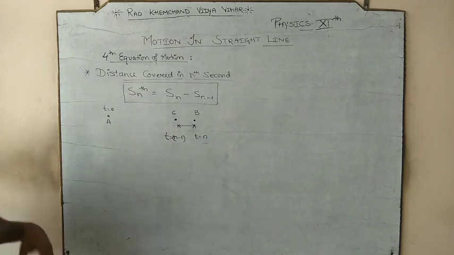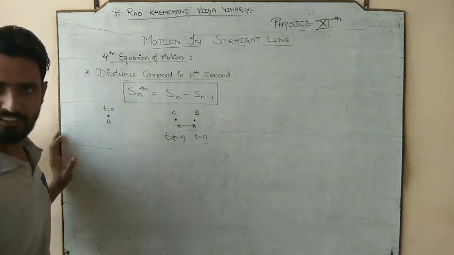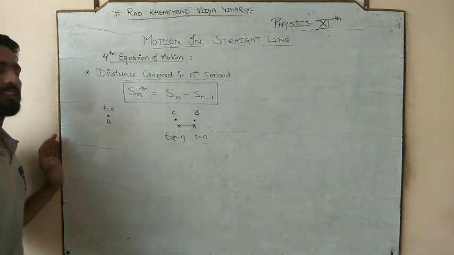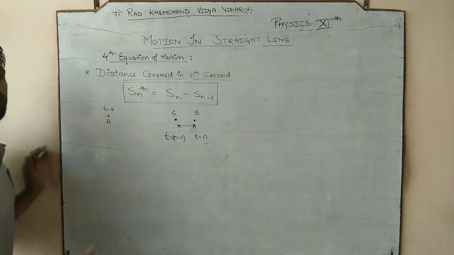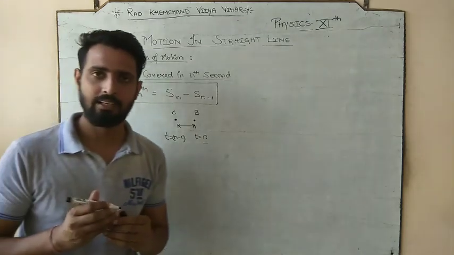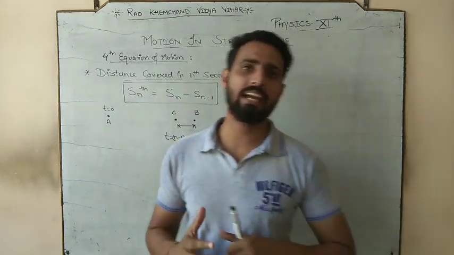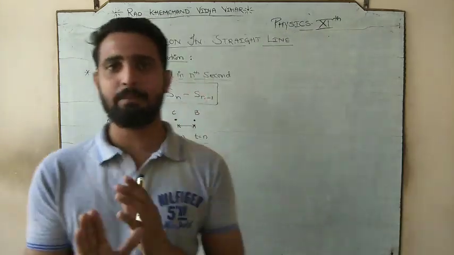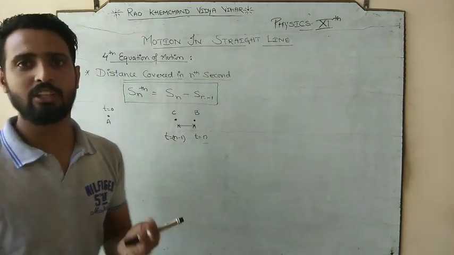Done. Let's try to have an expression for this. Since we all know that we have a calculus method, again the storyline would be the same. Since we are dealing with the equations of motion, the storyline of the equation of motion is the same. What was the storyline? A body which has the initial velocity u.